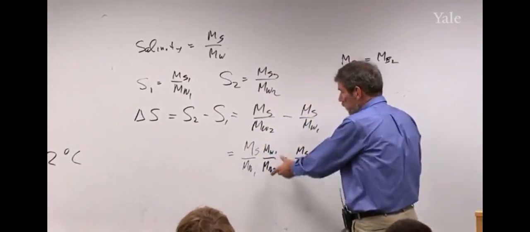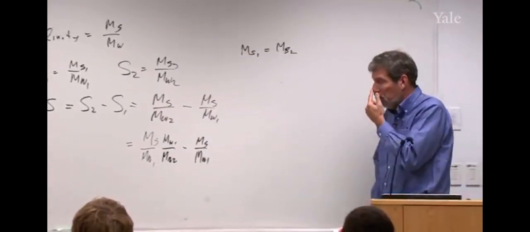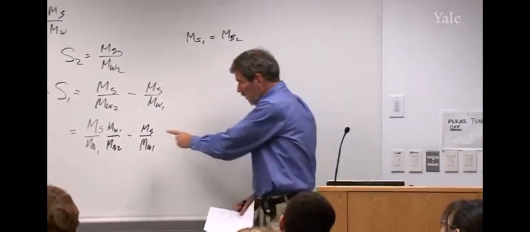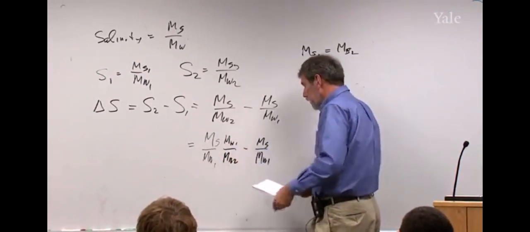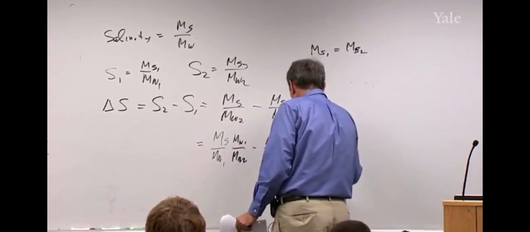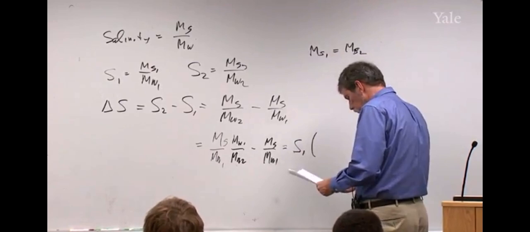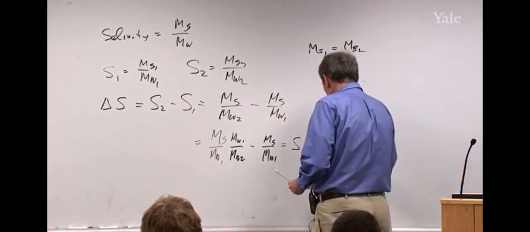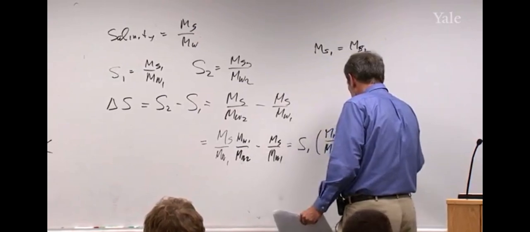What I've done is just multiply and divide the first term by M water 1. You see it there and there. I've just multiplied and divided by the same number. But now this can be rewritten as the salinity at time 1 times the bracket M water 1 over M water 2 minus 1.